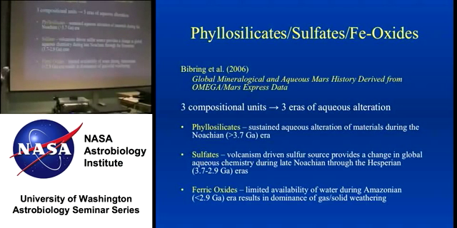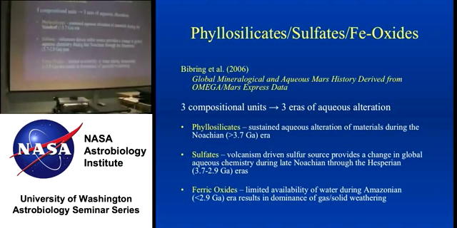So the near-infrared spectrometer on Mars Express has determined the surface composition in a manner with which we can recreate the aqueous history of Mars. And he broke it down into 3 compositional units, which were then interpreted to be from 3 different eras of aqueous alteration. These were the 3 compositional units: phyllosilicates, sulfates, and ferric oxides.